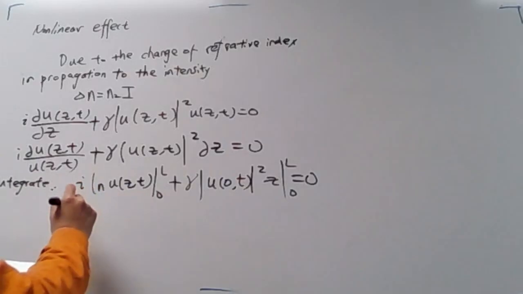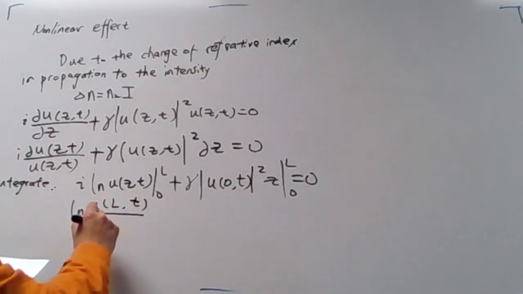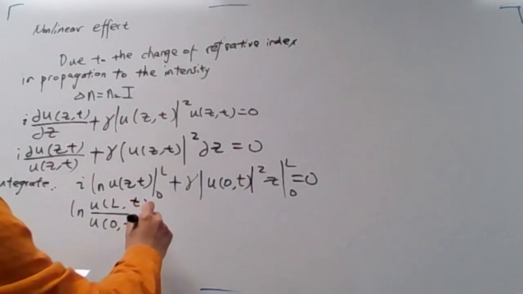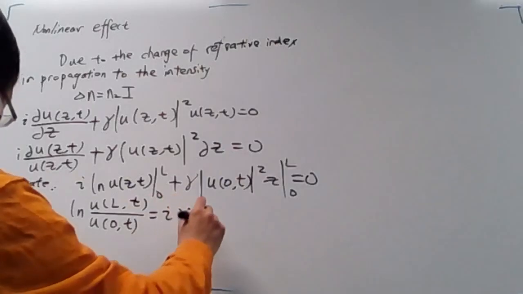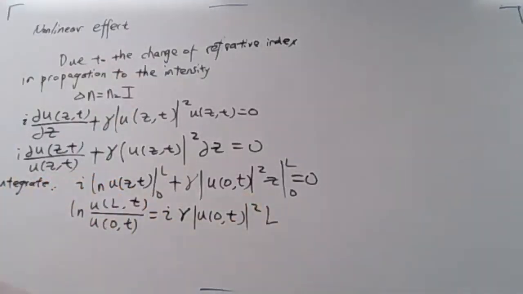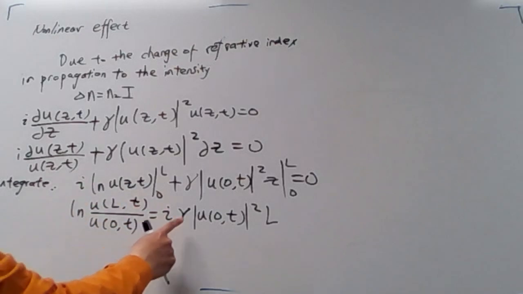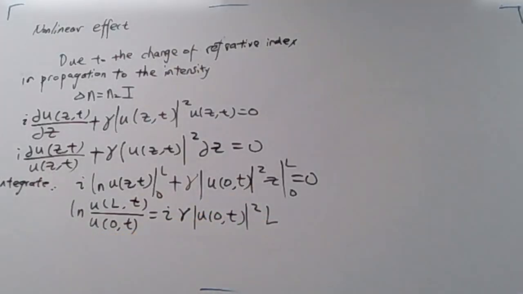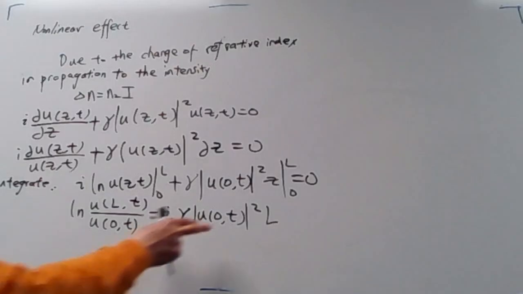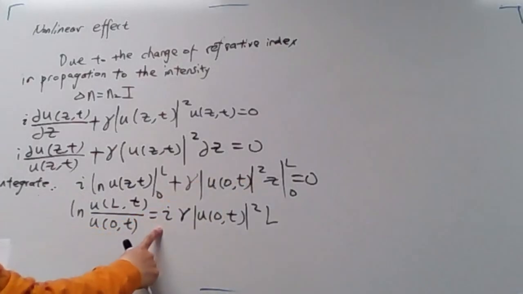The natural log of u(L,t) over u(0,t) equals i gamma absolute value squared of u(0,t) times L. We move the i to the right hand side, and the negative cancels out.